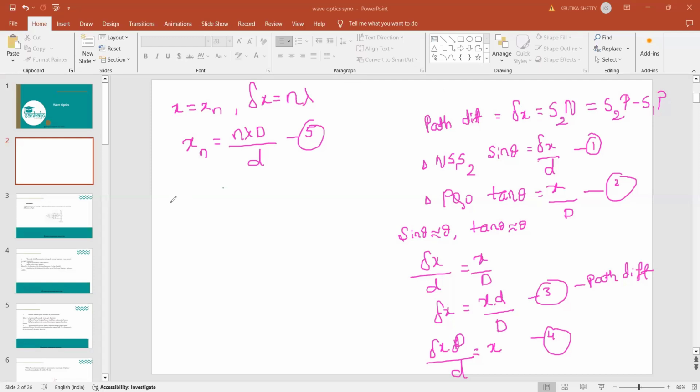So therefore this n plus 1 term for the central bright fringe is given by x raised to n plus 1, which is equal to, so in place of n we are substituting n plus 1.